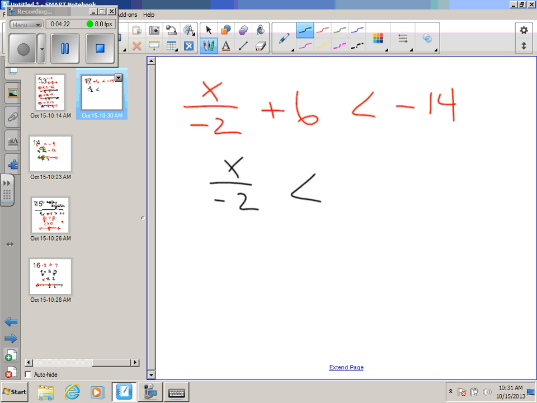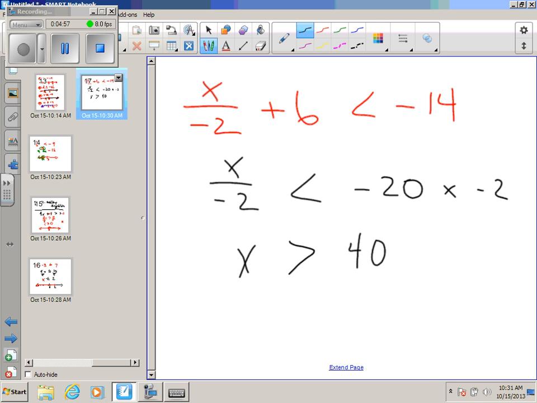If I subtract 6 more, negative 20. Now, x is being divided by a negative 2. The opposite of dividing by negative 2, multiply by negative 2. What happens to our sign? We flip it because we're dividing by the negative or multiplying by the negative. Negative 20 times a negative 2, positive 40.